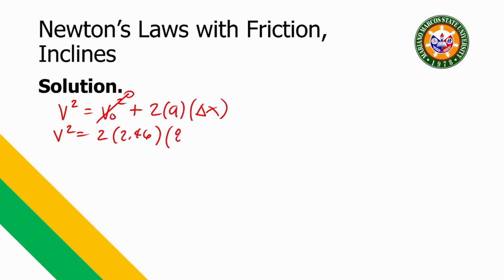So, 8.5 meter yung magiging displacement ng ating crate. So, v will be equal to, square root nyo lang itong side na to. So, v will be equal to 6.33 meter per second. So, ang kanyang direction ng velocity will be along the incline. So, ito yung velocity niya. 25 degrees.